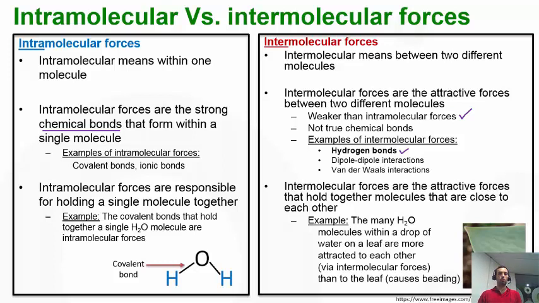So an example that might help you to see the difference between these intramolecular forces and intermolecular forces: say you've got a group of people, you can think of the intermolecular forces as the handshakes between that group of people. But they're the handshakes where the people don't let go. So essentially, they shake hands and they stay attached.